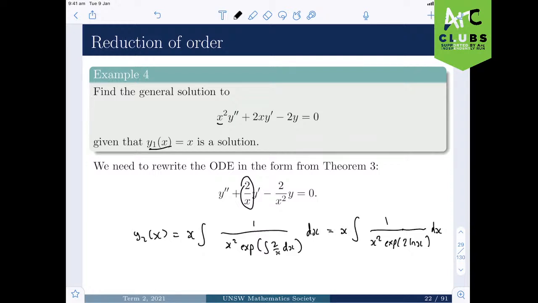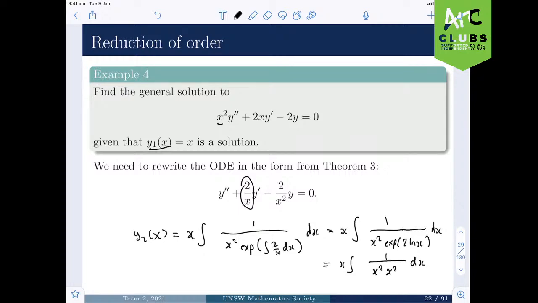Continuing on, we get x times 1 over x squared, because the exponential of 2 ln x is the exponential of ln x squared, which is just x squared.